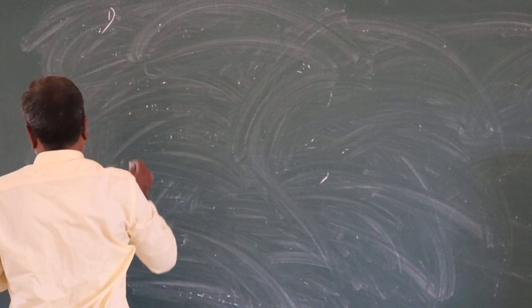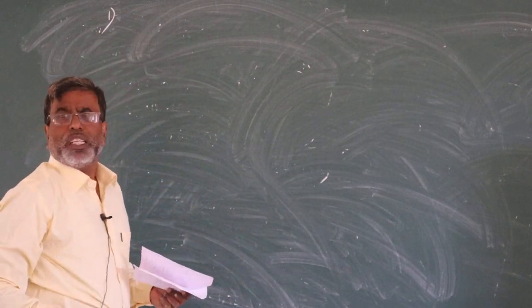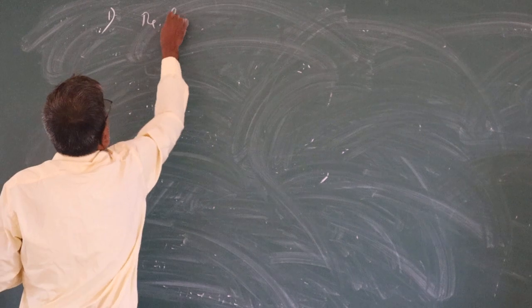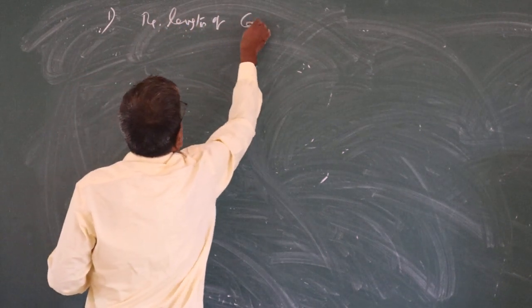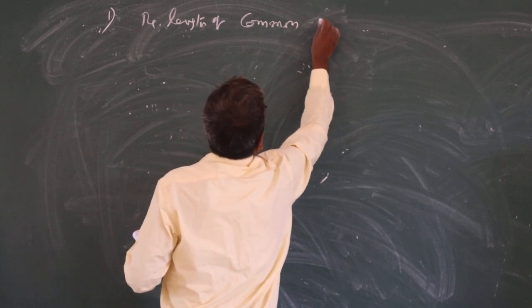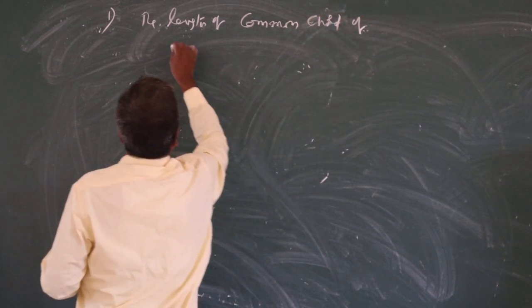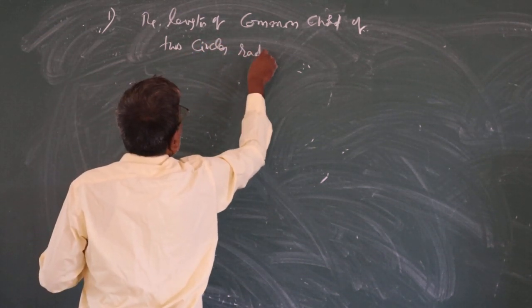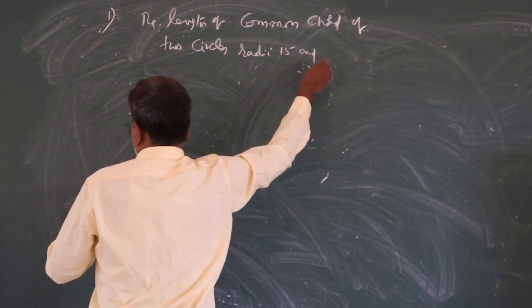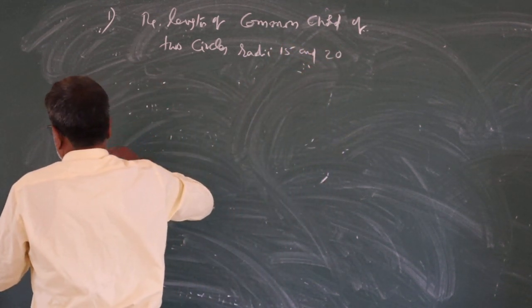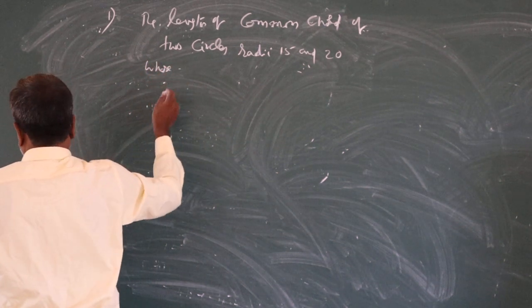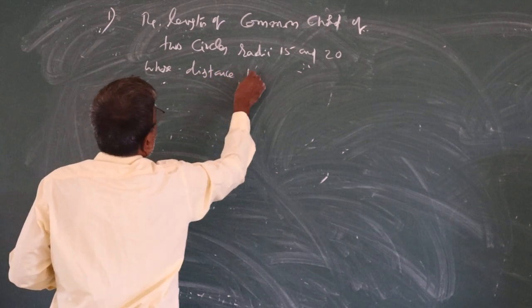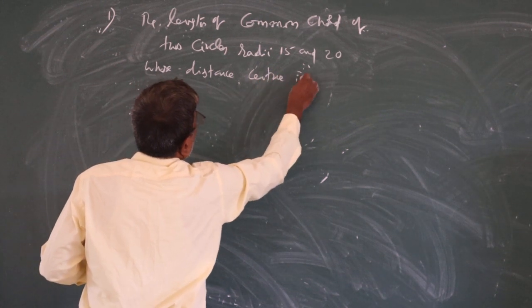First question. The length of the common chord of two circles whose radii are 15 and 20, and the distance between centers is 25.